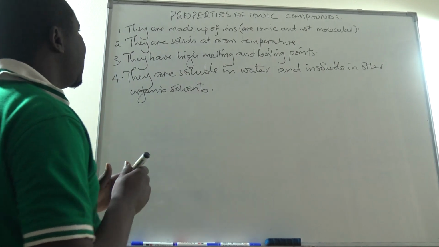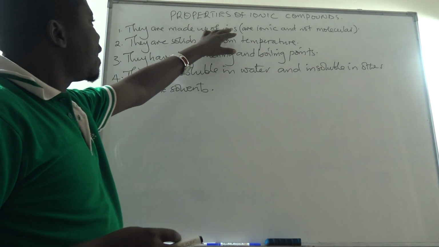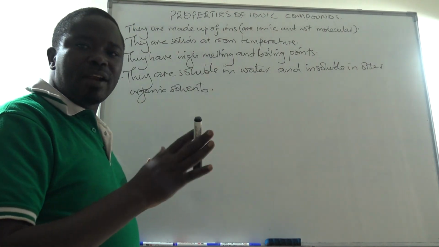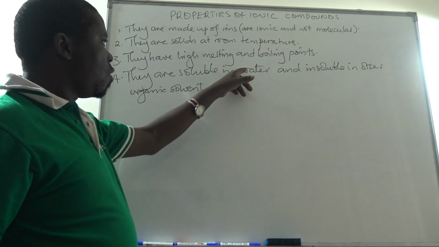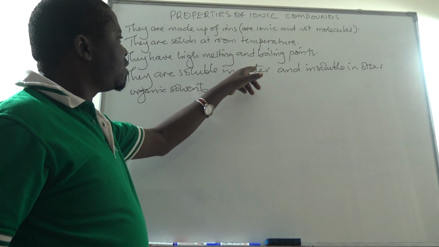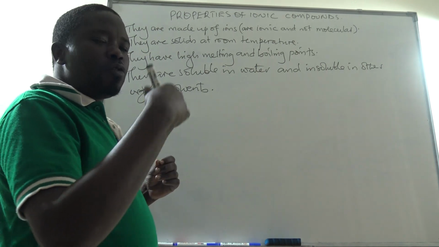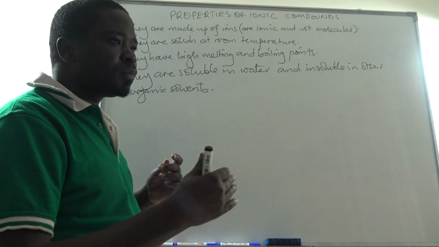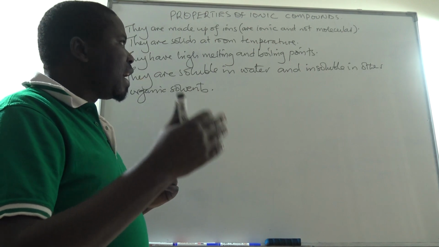We have just seen that the ionic compounds are made up of ions, meaning that they are ionic, and for that reason they can only dissolve in an ionic solvent, which is water, but they cannot dissolve in other organic solvents like, say, cooking oil or petrol or kerosene or carbon disulfide or tetrachloromethane or methylbenzene.